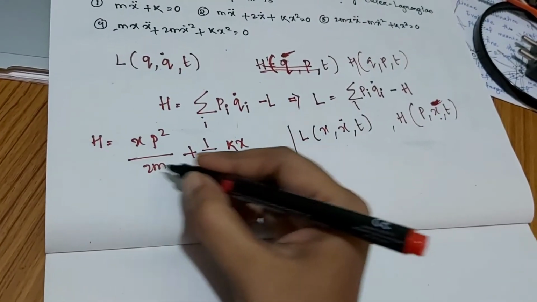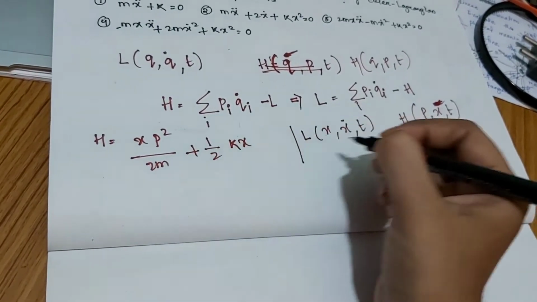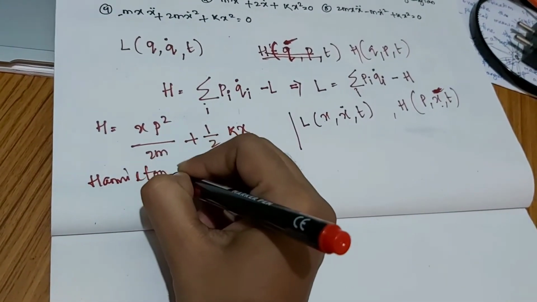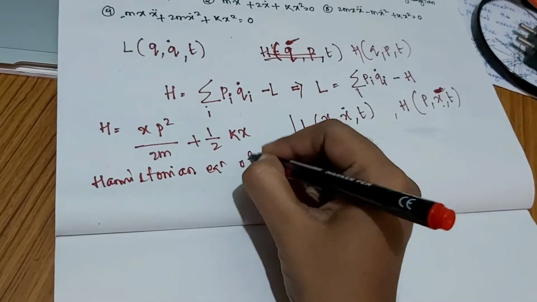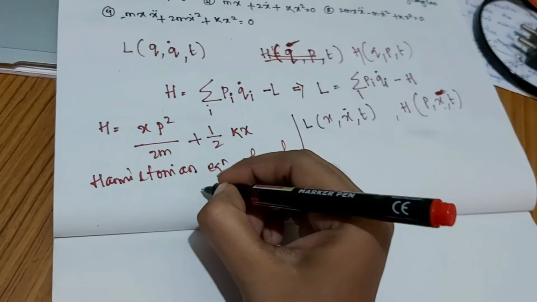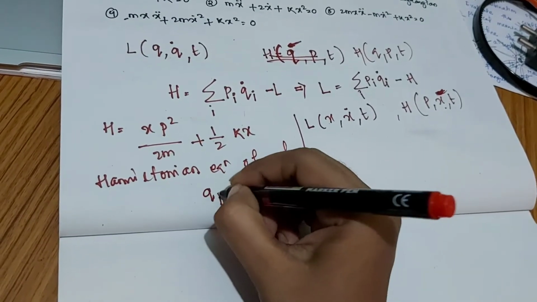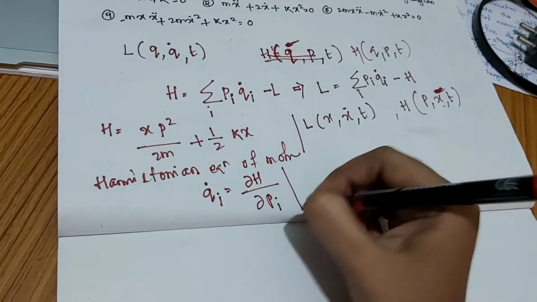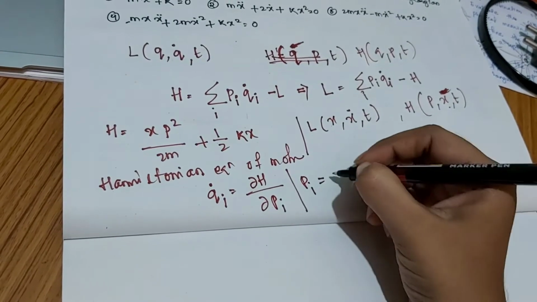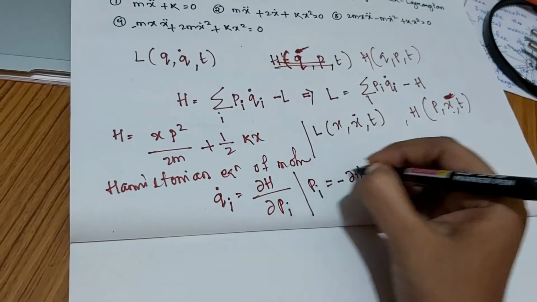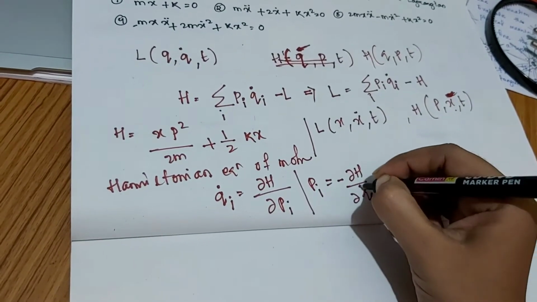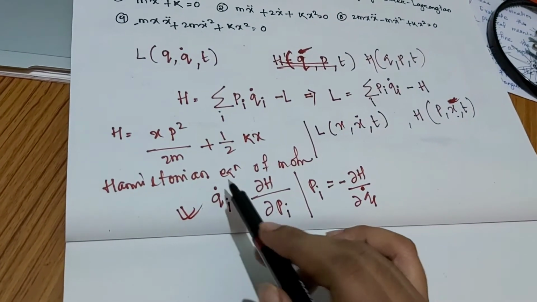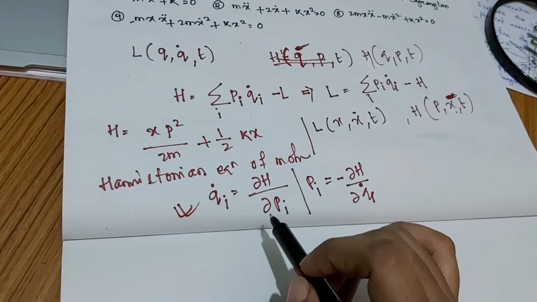To convert this, we use the Hamiltonian equations of motion: q_i dot is equal to dou H by dou p_i, and p_i dot is equal to minus dou H by dou q_i. We need this because we have to convert x dot into a form in terms of p.